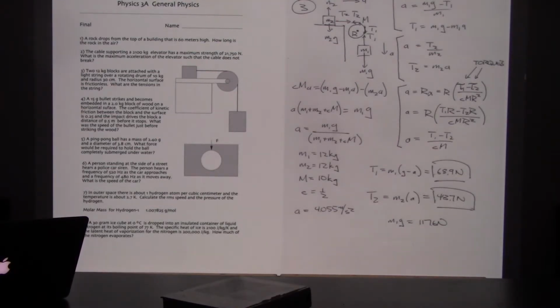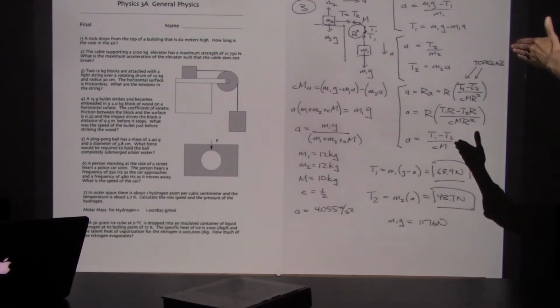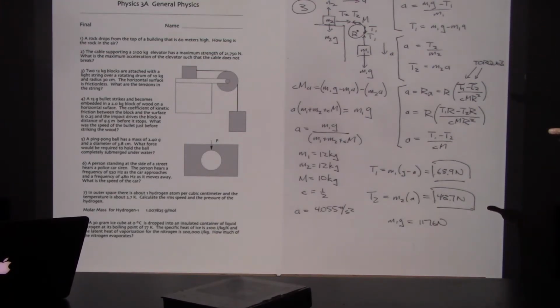Now, acceleration was not what they asked for, if I remember right. What they asked for was the tensions in the string. So there's a region of the string that's under tension T2, there's a region of the string that's under tension T1.